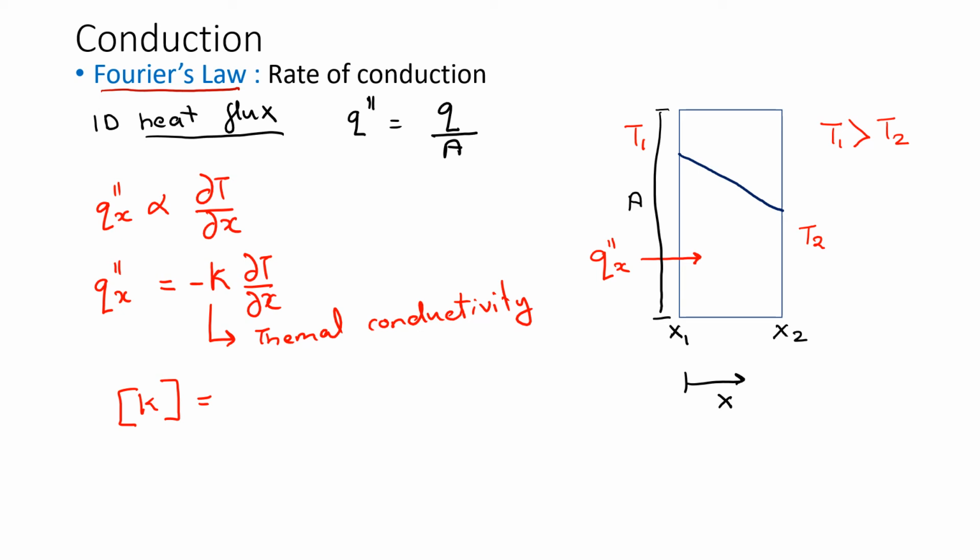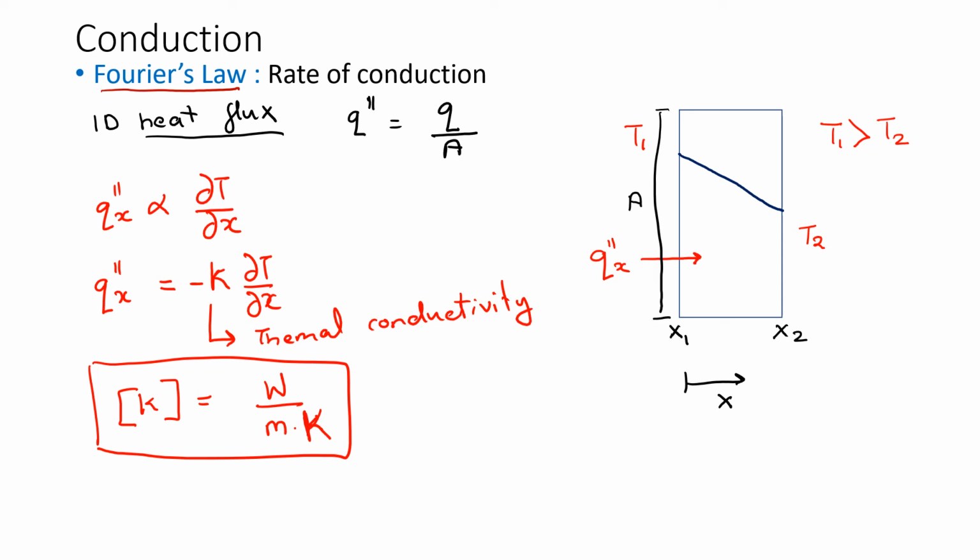So effectively our kappa will have the units of watt per meter Kelvin. This is another important thing. Remember, this is K, which is Kelvin, and this is kappa, which is the thermal conductivity.